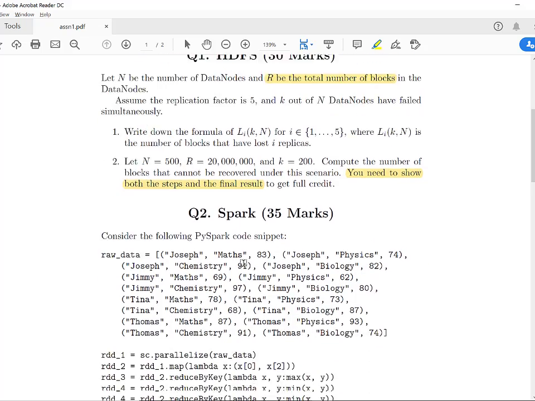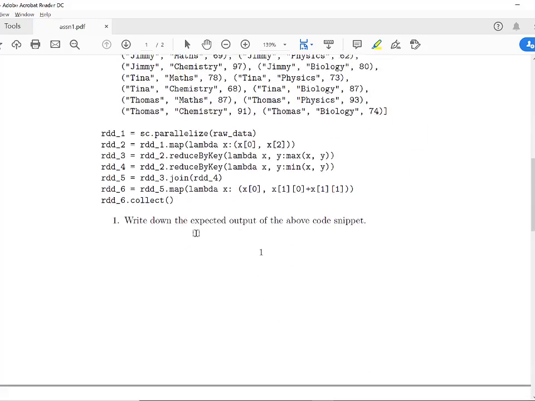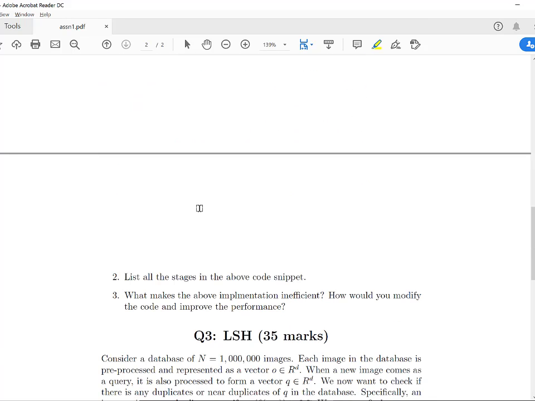For the second question about Spark, in question 2.2, we ask you to list all the stages in the above code. Students were asking what format we expect. So basically, you can write in any format as long as it clearly shows your understanding of what a stage is.